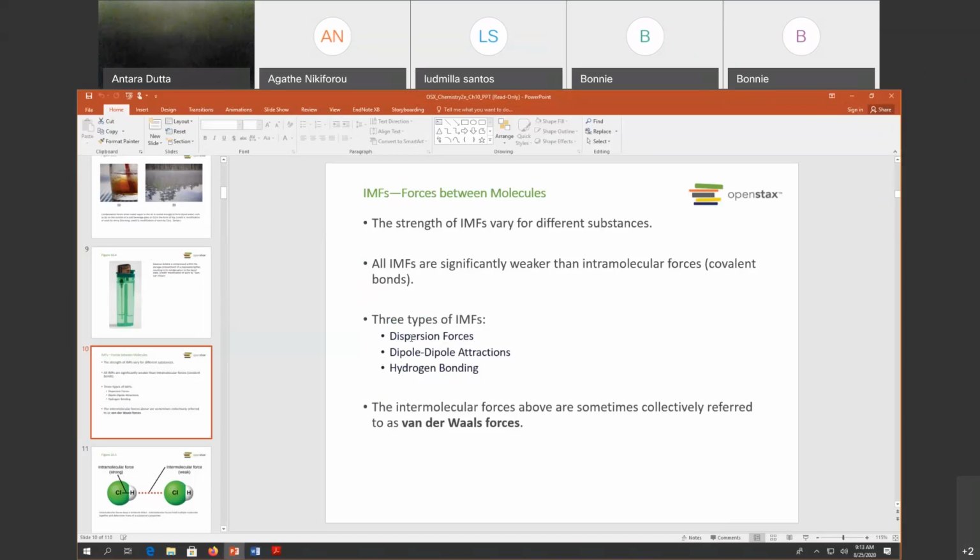It is very weak in the sense that we are talking about a microsecond or millisecond, probably, where in a neutral, non-polar molecule, electrons are moving on one side and protons on the other side, and there is a slight distribution of charges, making the molecule slightly polar.